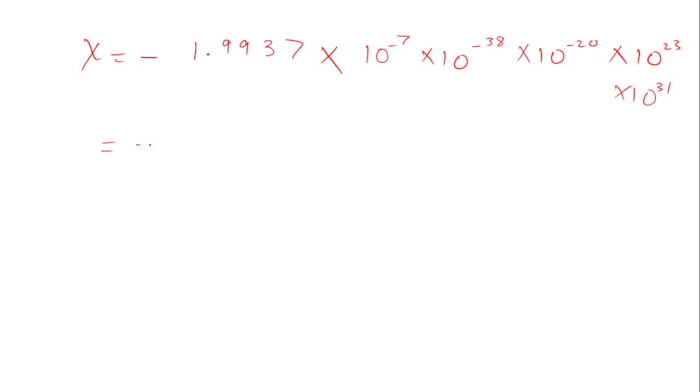This will be 1.9937 and these powers will be minus 7 minus 38 minus 20 plus 23 plus 31. This will be 10 to the power minus 11.